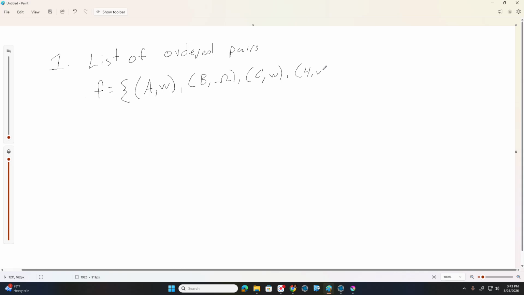We'll say it's V. Now, notice each of these represents an ordered pair, and it understands the input and output nature, and we just have a finite list of them.